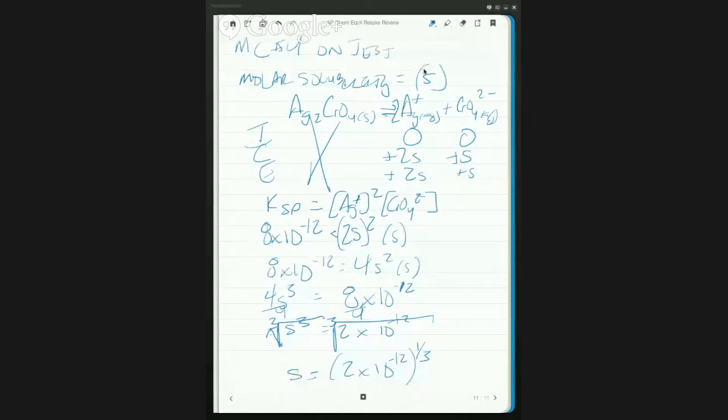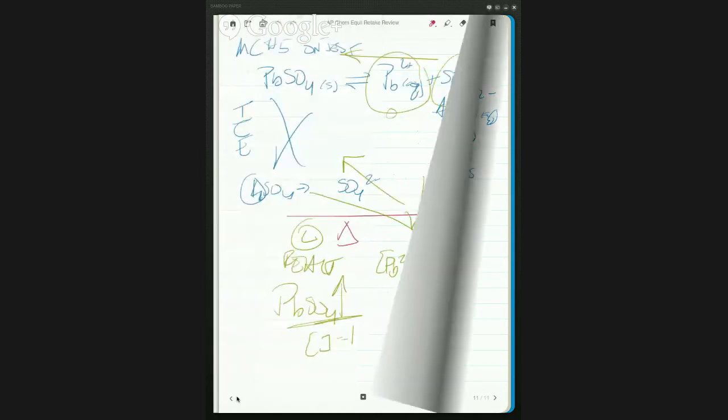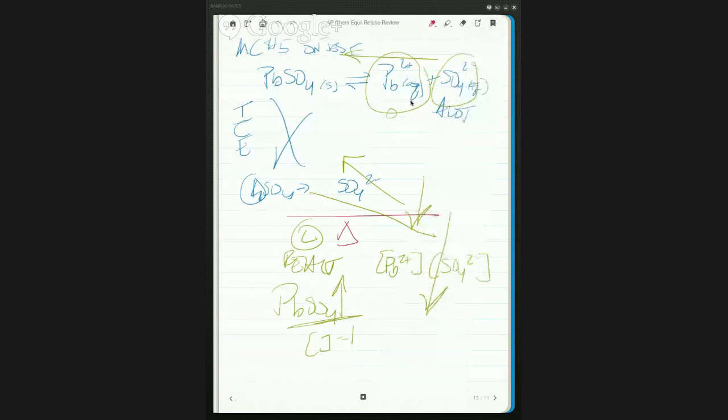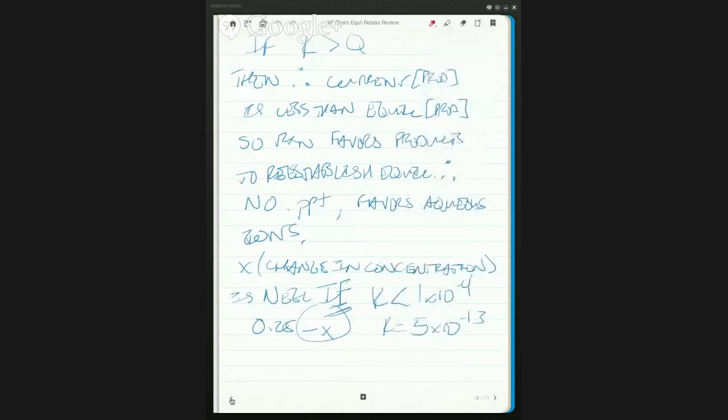Look, the coefficient here is 2. So that's why it's 2S. The S goes with the CrO4 because its coefficient is 1. If we did these, the change would just be S and S because the coefficients are 1 and 1. Let's go back to another one.